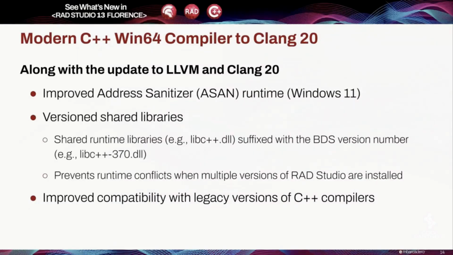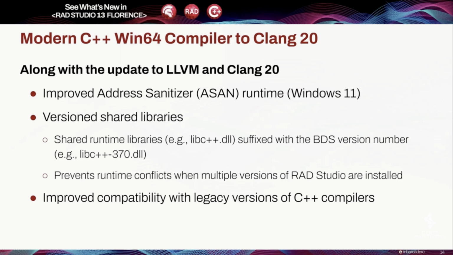So back to the slides, and alongside the move to LLVM and Clang 20, there are a few practical wins that we got in this release too. So first is an improved address sanitizer runtime on Windows 11. Memory bugs like use after free and overflows are caught earlier and more reliably. Second is our C++ runtime DLLs are now versioned.